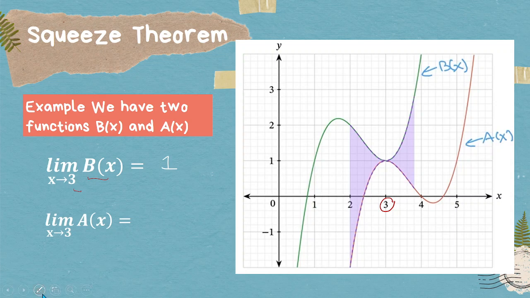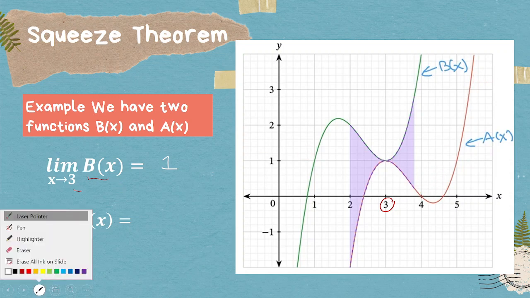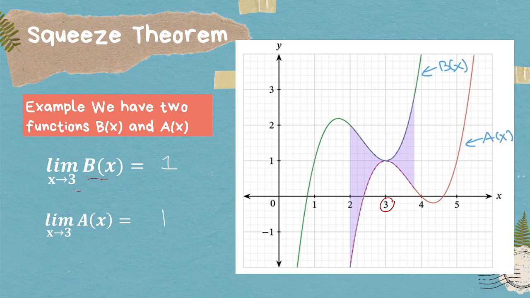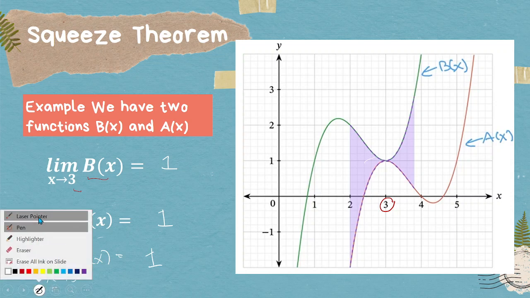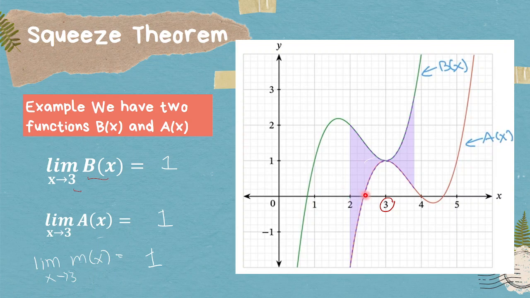If we approach 3, the answer is also 1. Meaning to say, the limit of the function in the middle, let's say m of x, as x approaches 3, is also equal to 1. Right? Are you getting my point? Yes po, okay.